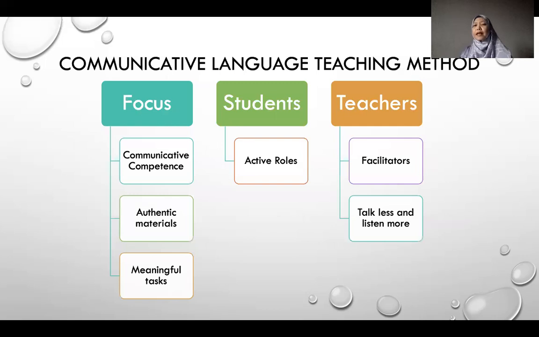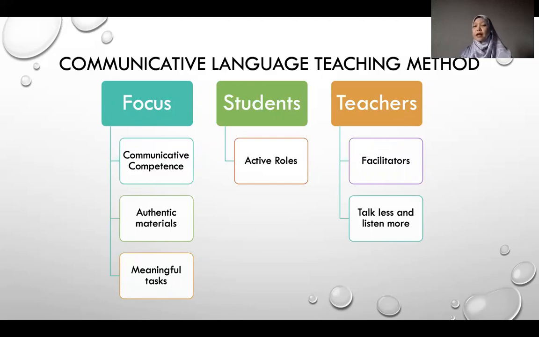And followed by communicative language teaching method, which was introduced in the midst of 1980s. In Malaysia, we adopt CLT for our school syllabus because the focus of CLT is very much on communicative competence. Using this method, we aim to get our students to be able to communicate using the target language.